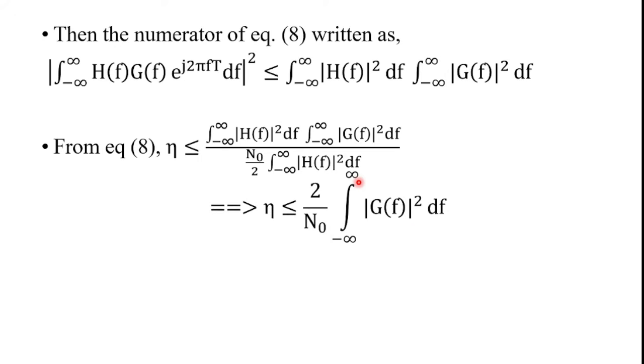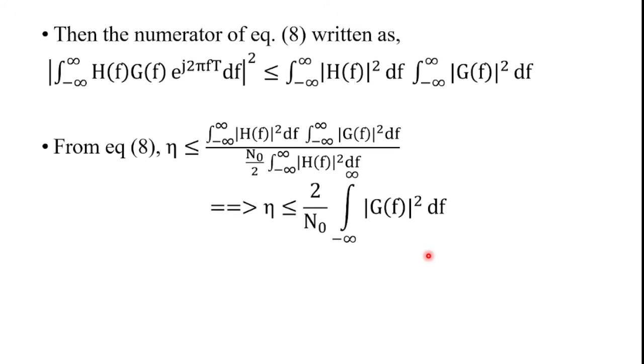So we get eta is less than or equal to 2 by N naught into the integral from minus infinity to infinity of magnitude of G of f whole square df. In this equation, the signal to noise ratio does not depend on the frequency response of the filter, but only depends on the input signal energy and noise power spectral density.